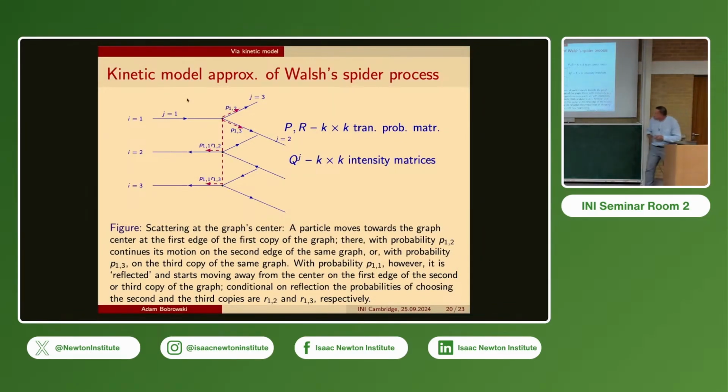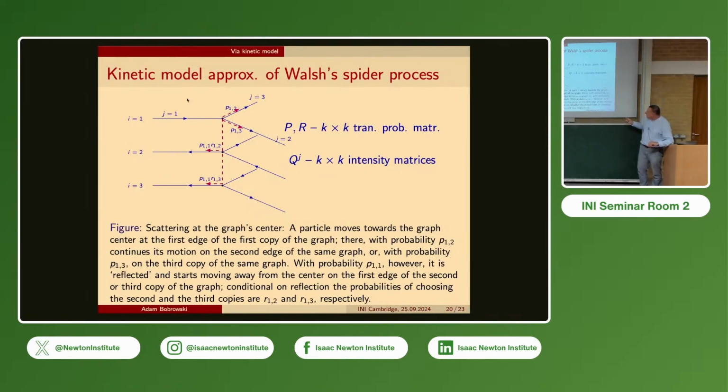P tells me whether I should stay on the same copy or jump to another copy. R tells me precisely where I am going if I jump to another copy.